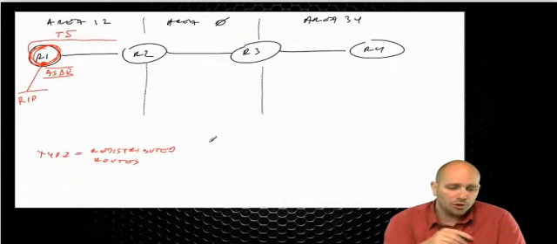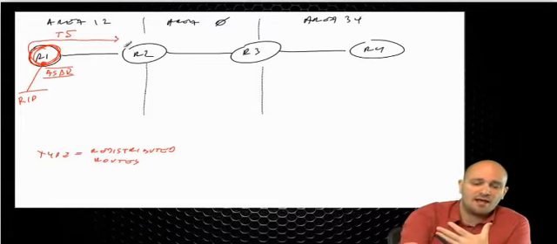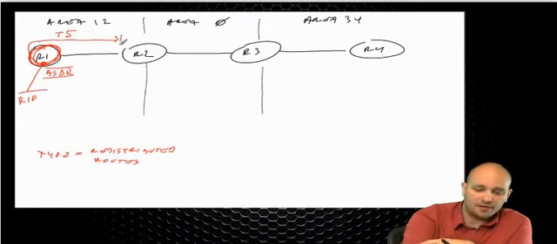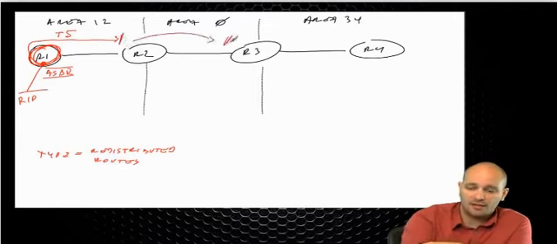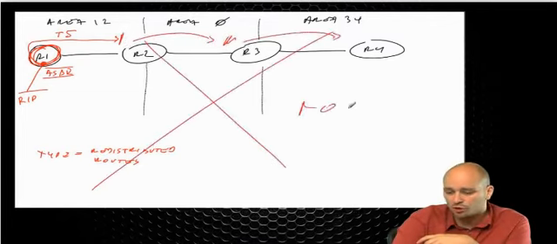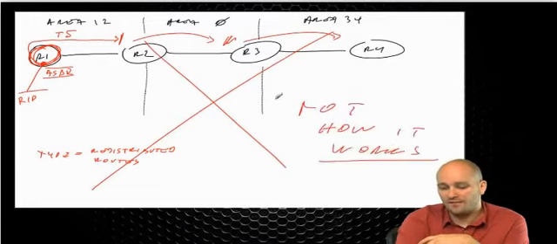Well, there are two possible options here. One is that the flooding scope is actually an area, and that then this redistribution happens hop by hop, just like it did with type 3 LSA, so that we have one here and then another one here that stops here, but this is not how type 5s work.